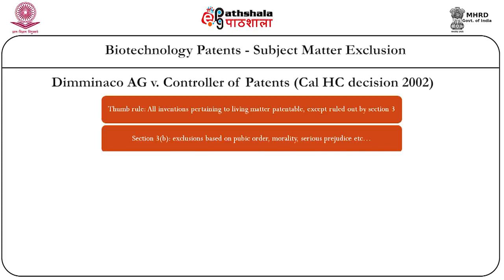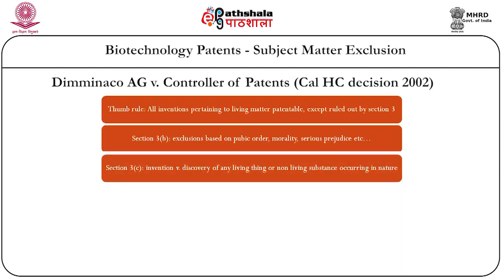So only based on the commercial exploitation, it means there must be some kind of external law to prohibit such a product as contrary to public order, morality or causing serious prejudice, and then definitely there is a strong ground for the patent office to reject such patents under section 3(b). Section 3(b) derives its strength from article 27.2 of the TRIPS agreement, which allows for such exclusions. So WTO member countries are free to allow such exclusions.